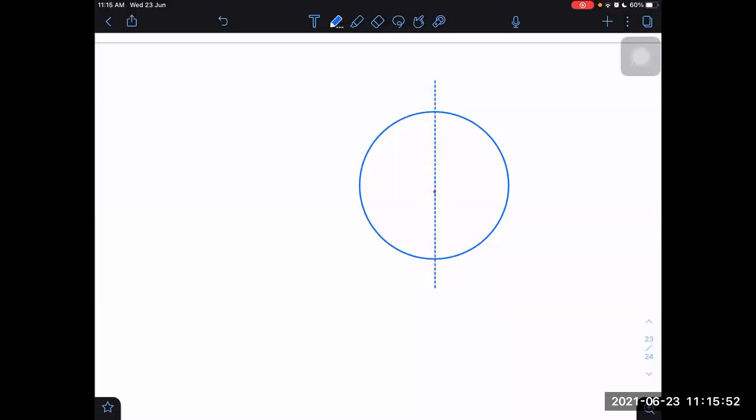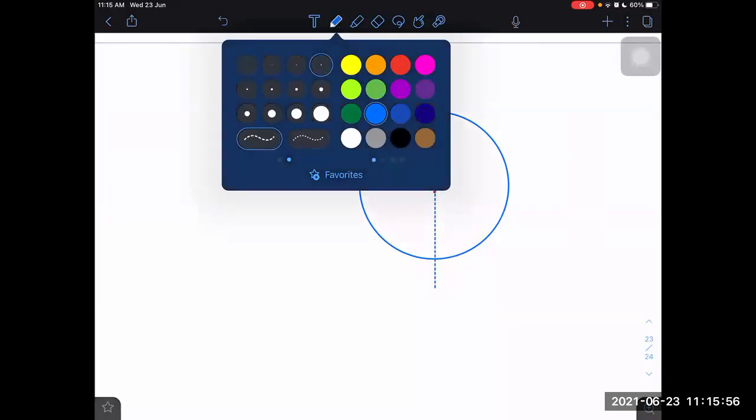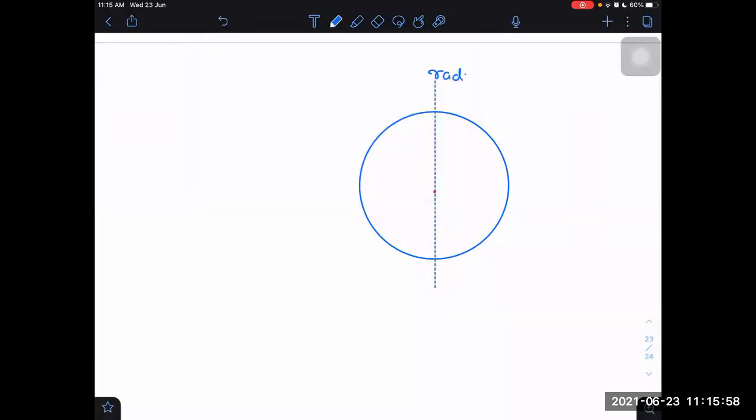The concept is this: if I take radial lines, any radial line, which is passing through this cylindrical magnetic field region.